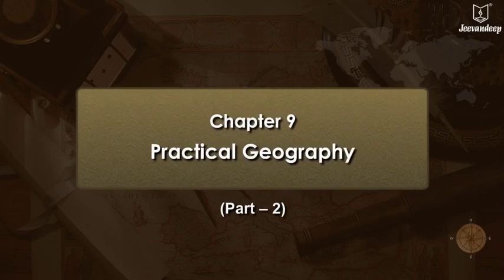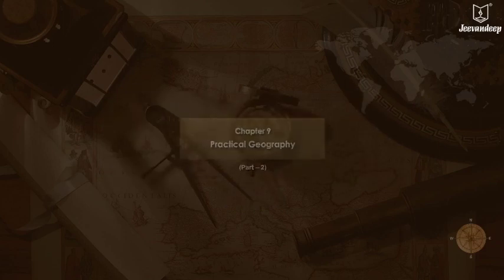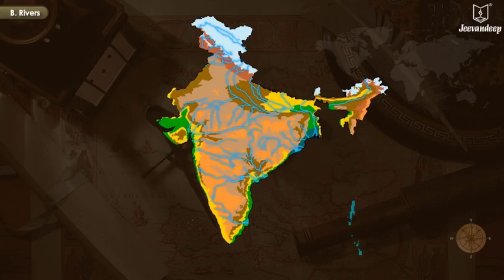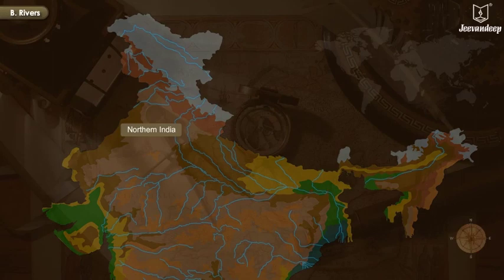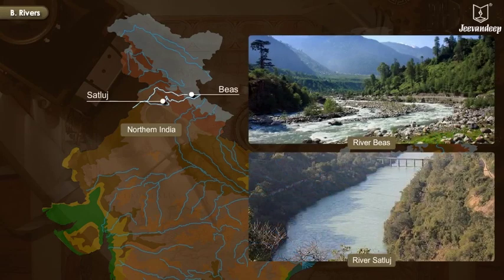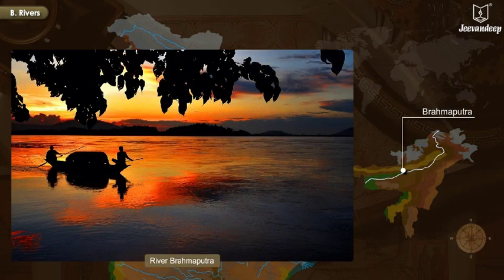Chapter 9, Practical Geography, Part 2. B. Rivers. Northern India. Himalayan rivers like Beas and Satluj flow westwards. Brahmaputra flows from east to west in the Assam Valley.